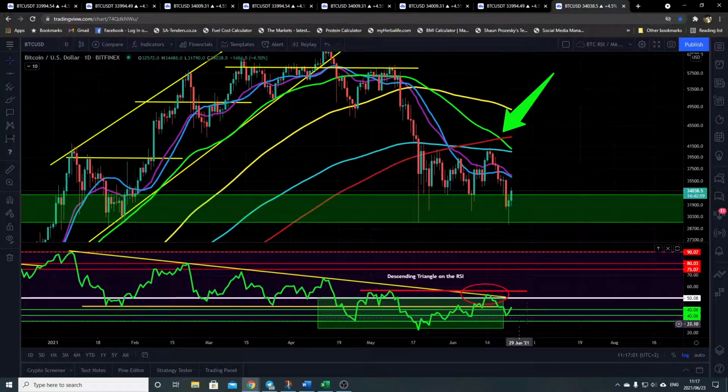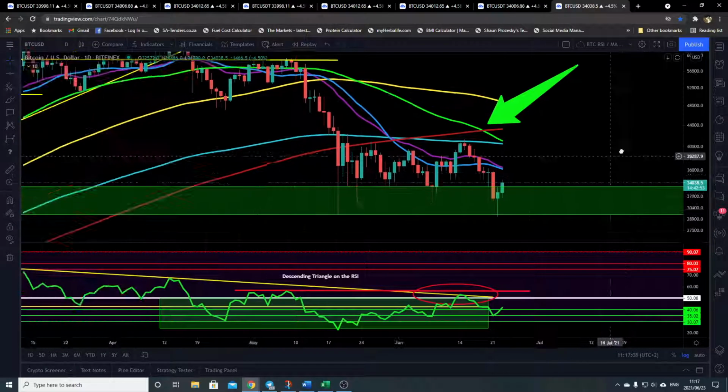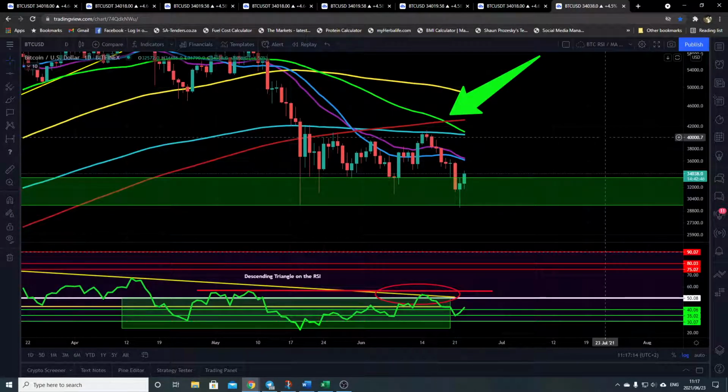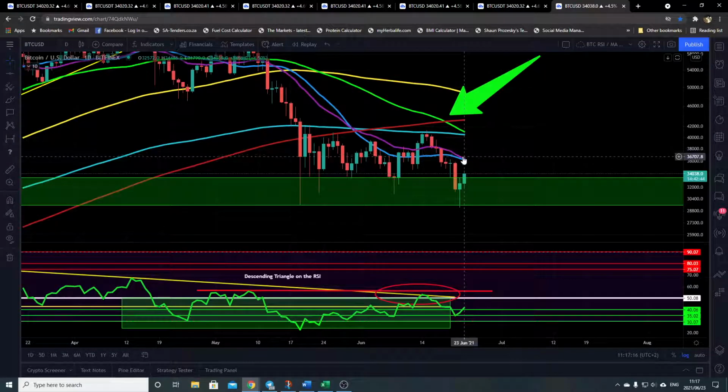We might come up over the inverse head and shoulders, reach target and come back down. The other day I did a bearish divergence technical analysis and the understanding of how to identify it. I did mention this is the 21 EMA and this is the 20 MA. Remember what I said earlier in the video? We almost got a flip here.